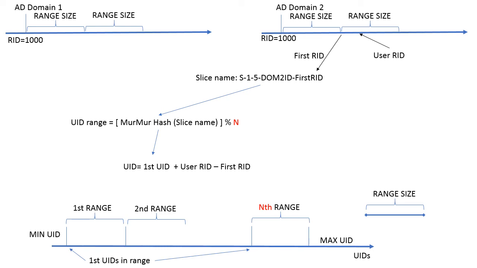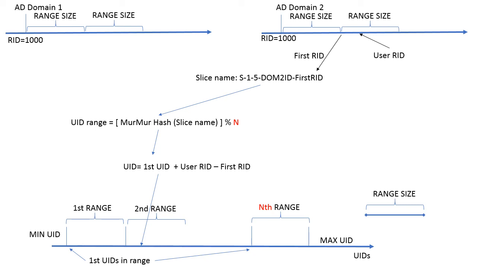So the slice name is now assigned to range number X, and in our case it will be 2. And this range on the UID side is allocated to the UIDs from the first to the last UID of the second range on domain 2.